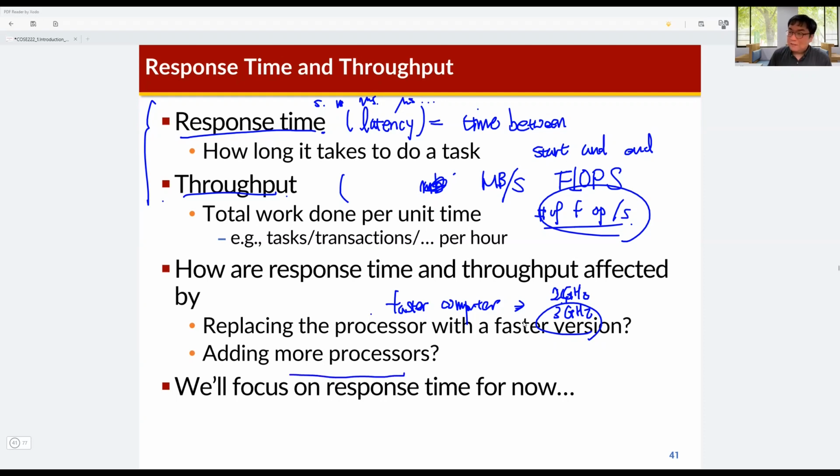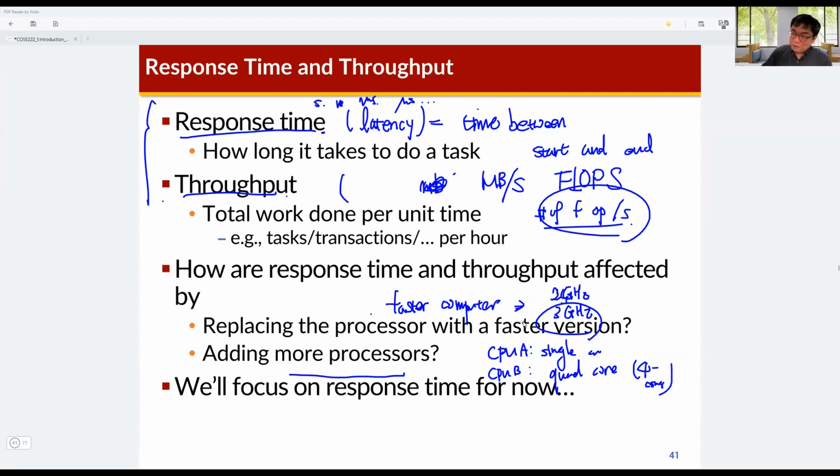More processors. When we purchase a laptop computer, we focus on the performance of the CPU. One CPU A has a single core, and another CPU B has a quad core, so that means 4 cores. Which one is better?